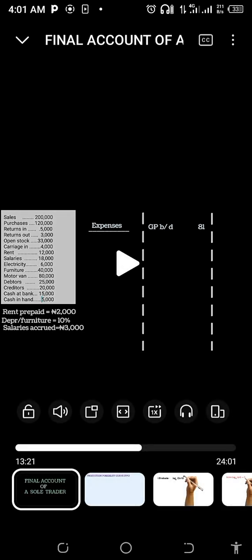The rent in the question is 12,000. And do not forget, there was a prepaid rent.